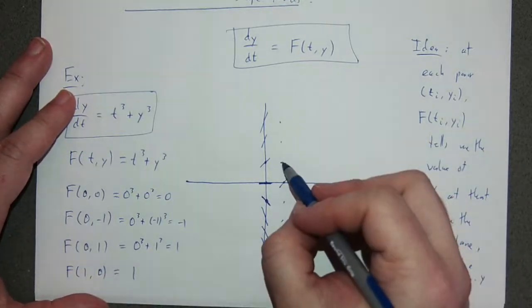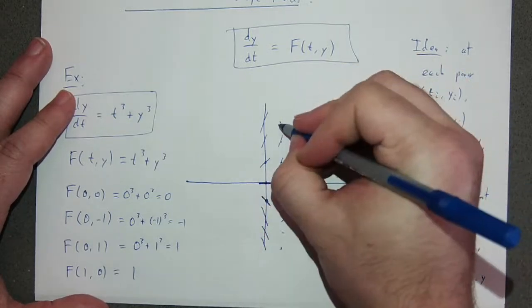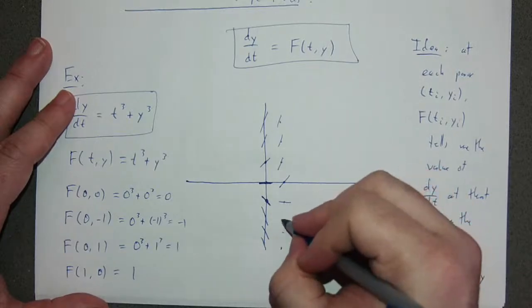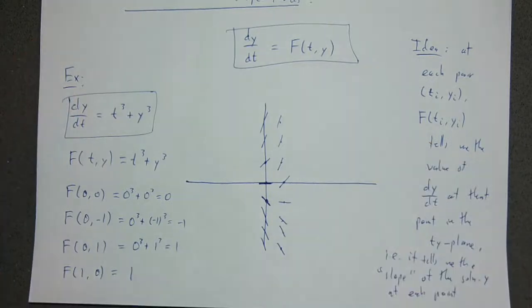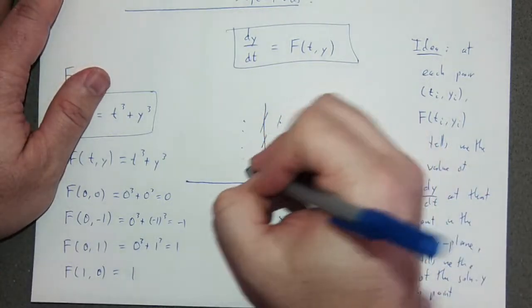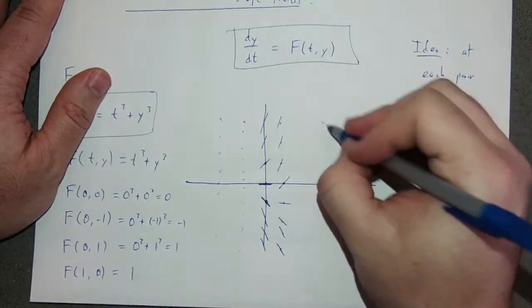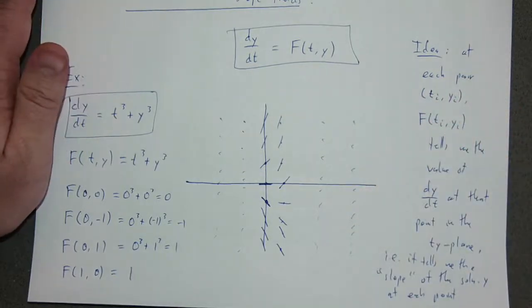And at 1, 1, it's 2, so it's a little bit more steep, and so on. Here, it's 0. Here, it starts to be negative again, and so on. And so you can imagine, like I said, generating a grid where you have these slopes at each of these points.